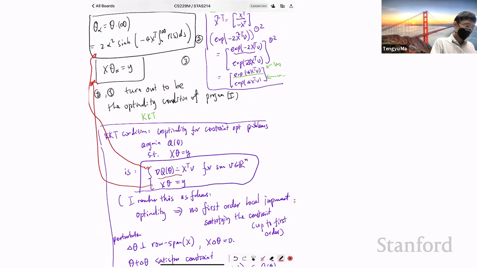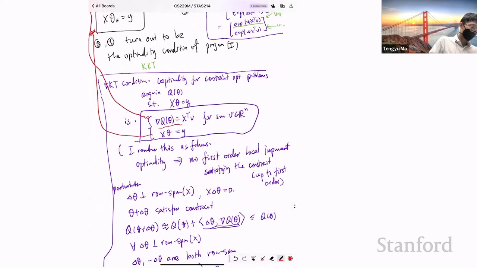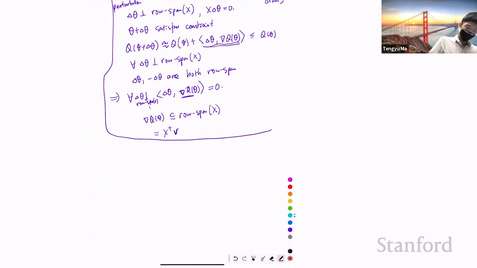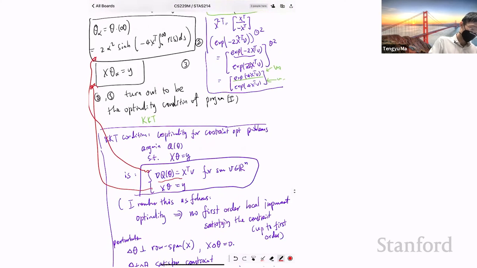That's what I'm going to claim. It's not trivial yet, but let's see. KKT tells you that the gradient of Q at theta needs to be something like X transpose V, and the differential equation tells us that, let me just copy paste it. Let me just rewrite it.